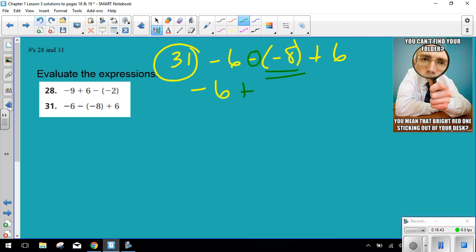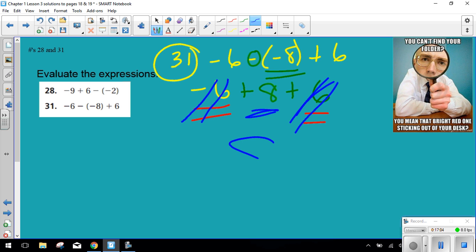Let's write that down. Plus 6. Now, keep in mind, these two numbers underlined here are opposites. They're additive inverses to each other. And that's good news for you because this guy cancels this guy out. So I have 0 math left to do. My final answer is 8. You're welcome.